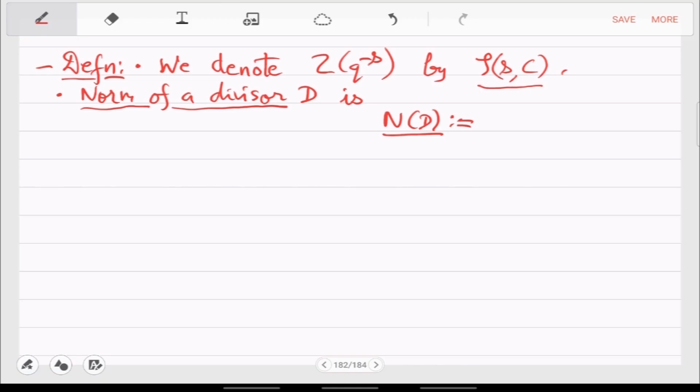So that is kind of the norm. Okay, and formally we define it like this. The norm of a divisor is simply q raised to the degree. Why have we put q? Well, we have put q to match with the definition of this zeta function. So instead of t, I am using q, so it actually becomes a number.